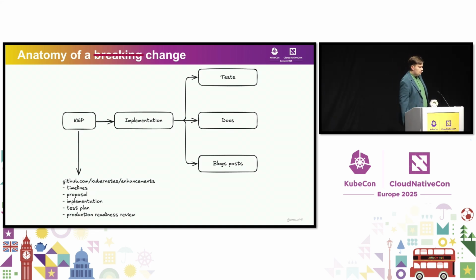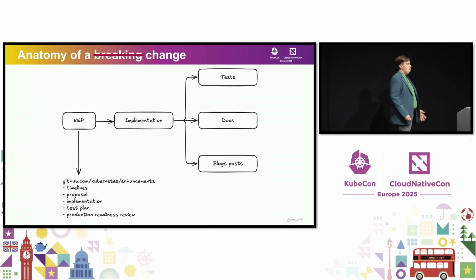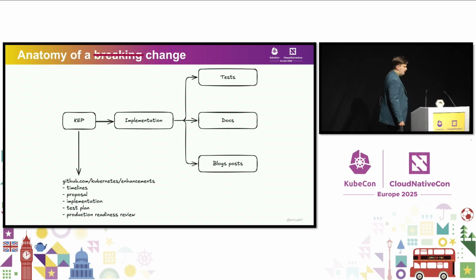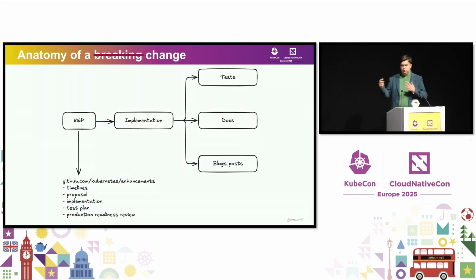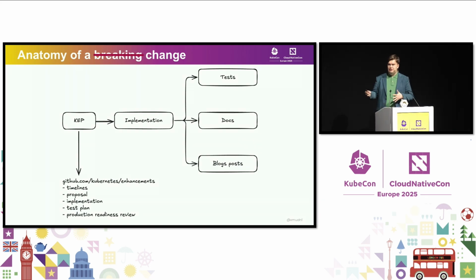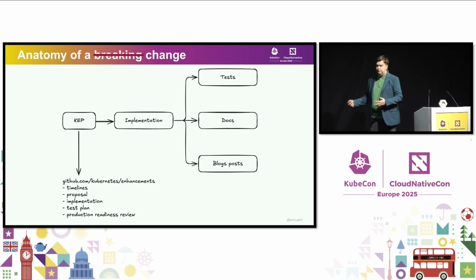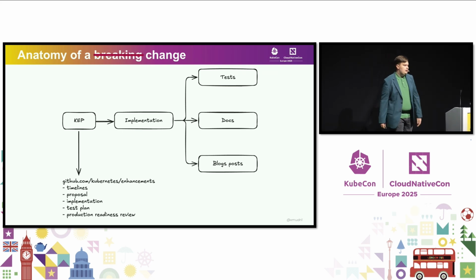The way it works is that someone proposes it, then the maintainers review it, and then a special group of maintainers who have a lot of experience with the Kubernetes project look at it to make sure that it makes sense, that it is okay for running in production, and to say whether they're happy with it or if it has to be changed.